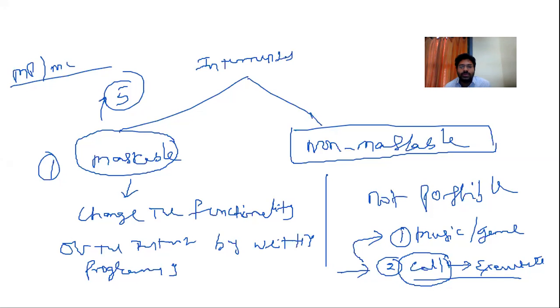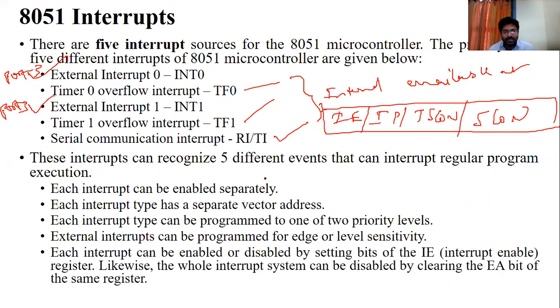Now see this: how to access the maskable interrupts. First of all, you can enable each interrupt separately: interrupt 0, interrupt 1, then TF0, TF1, and RI and TI. Each interrupt has a separate address, which we call a vector address.